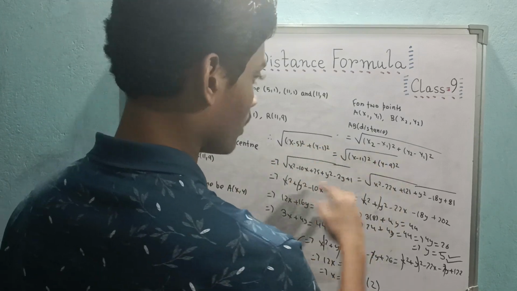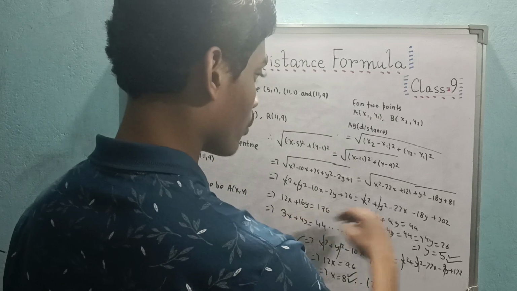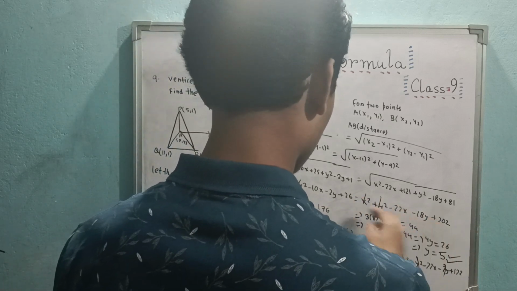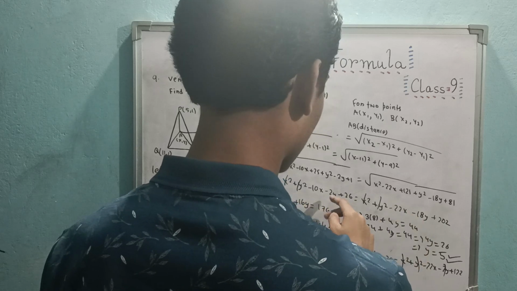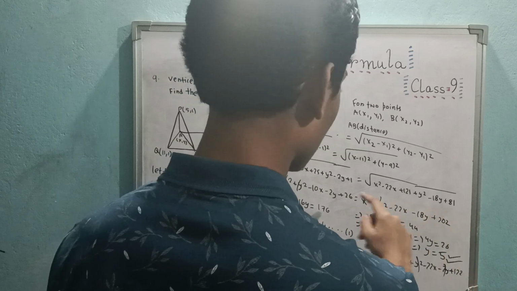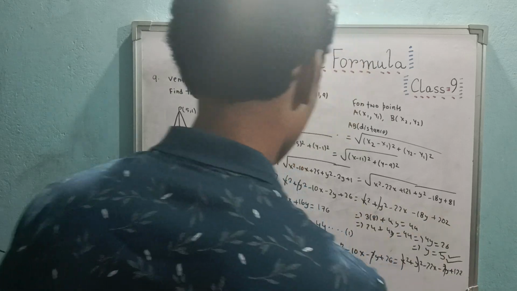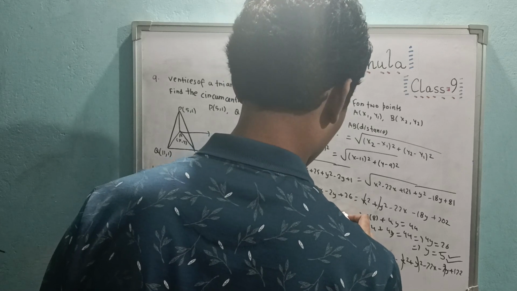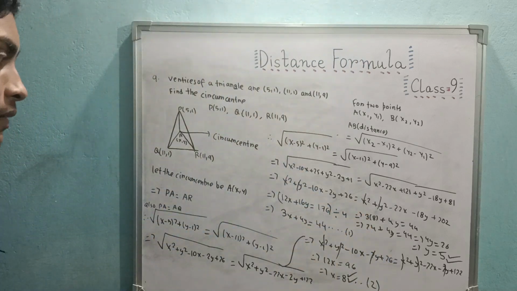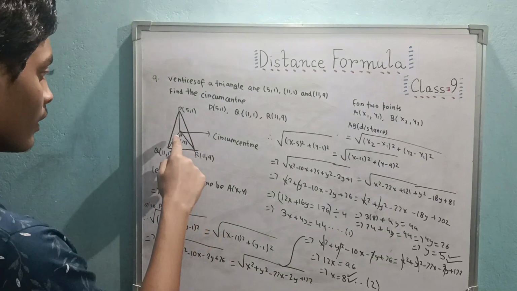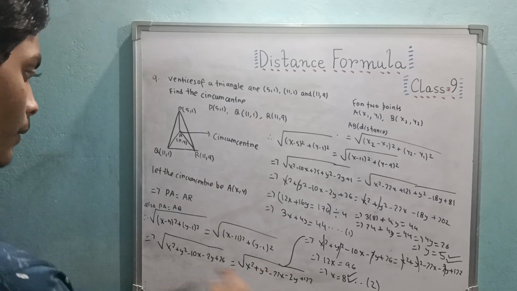Then doing the calculation and squaring them up, after solving, minus 10x plus 12x, minus 2y plus 18y plus 16y equal to 202 minus 26, 176. So divide this equation by 4, then I get this one. That's the first equation. I also have PA equal to AQ, so PA's equation equal to AQ's equation. After solving, you get this.